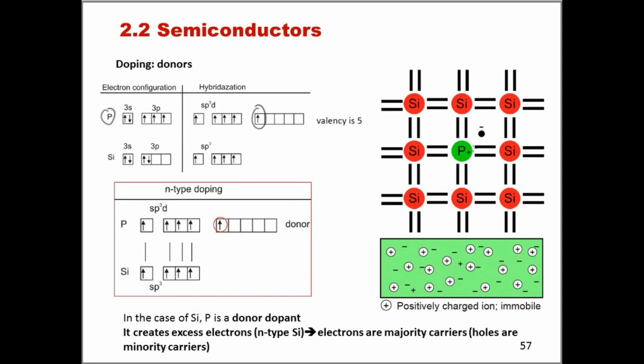So when we place phosphorus in the silicon lattice, all bonds are created with the exception of this extra electron from phosphorus, which basically remains free, and so phosphorus becomes effectively a slightly positive ion, and this electron remains free to move roughly. We will see it in a moment in the lattice. So because phosphorus creates excess electrons, this is a donor dopant, and so we have n-type silicon, where electrons are the majority carriers and the holes are the minority carriers.